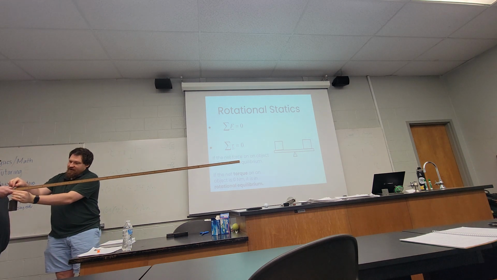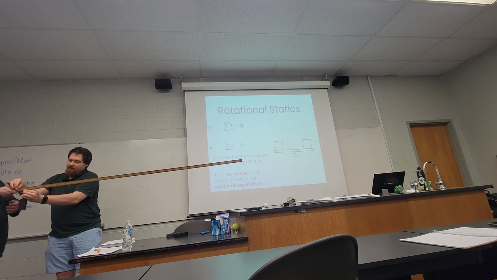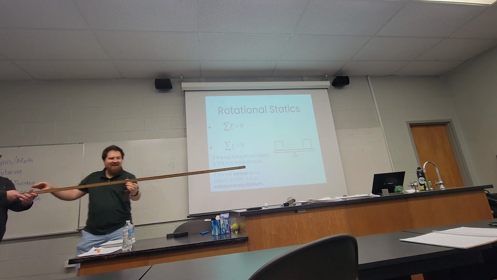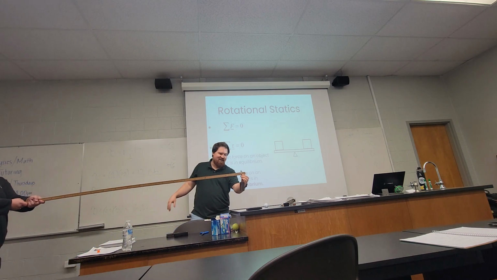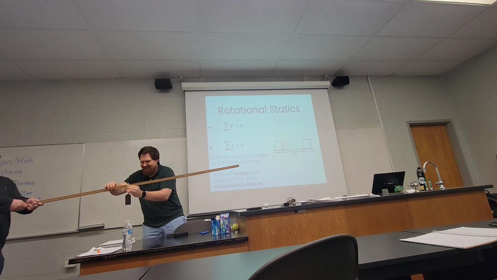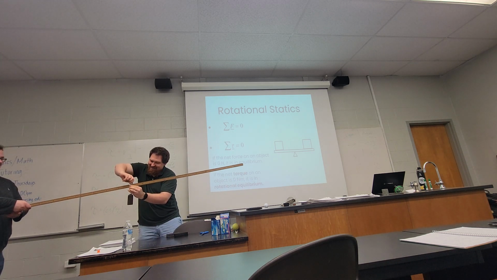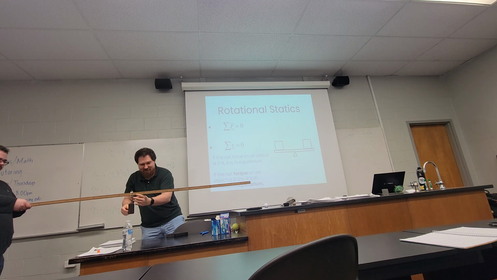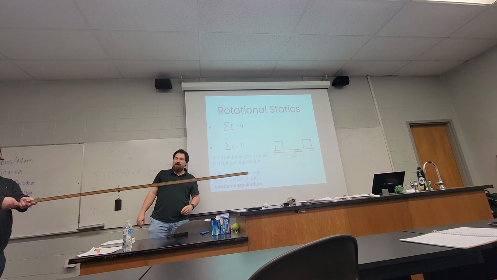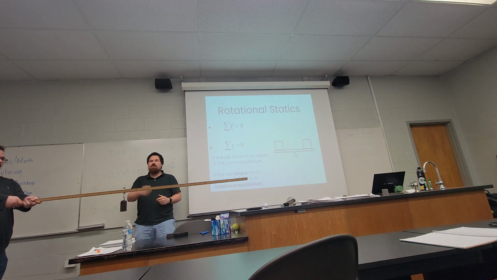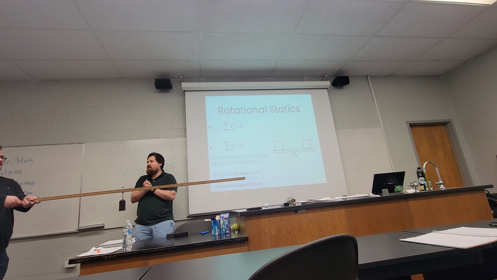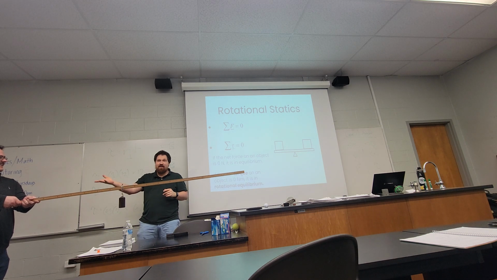Now, if I increase the radius, let's just go halfway. If I increase the radius, the distance that this thing is from Will's hands, that should increase the amount of torque that this weight is creating. Would you agree that you are now working harder to hold this thing up? Absolutely. He needs 2 whole hands now.